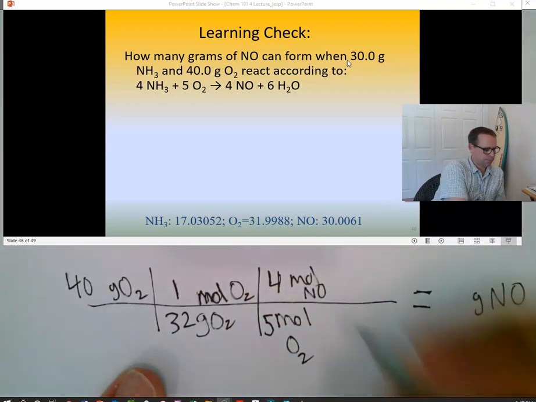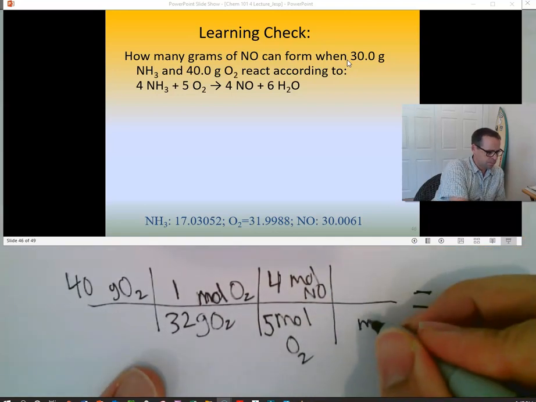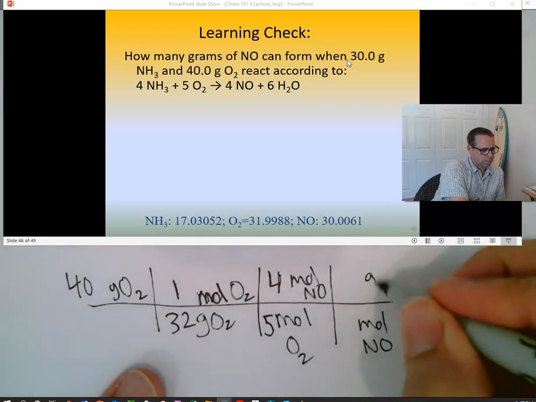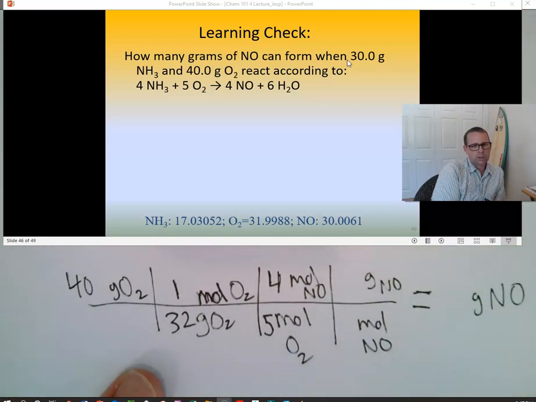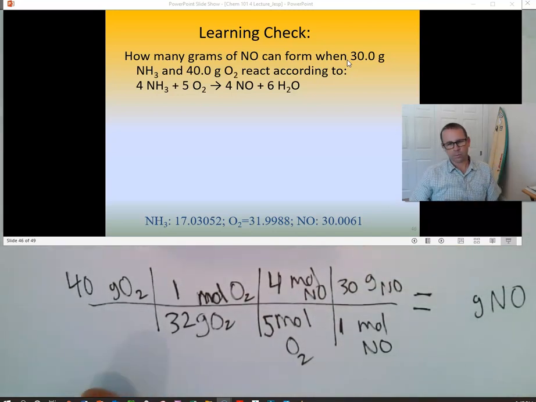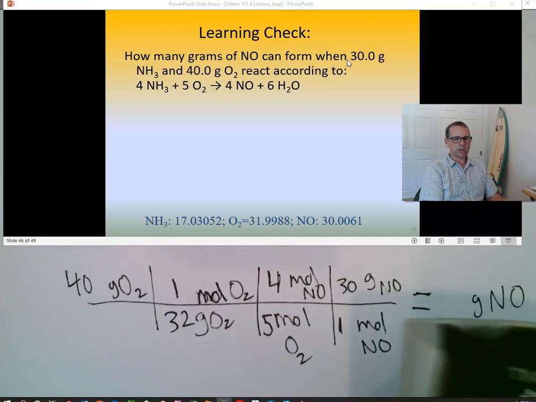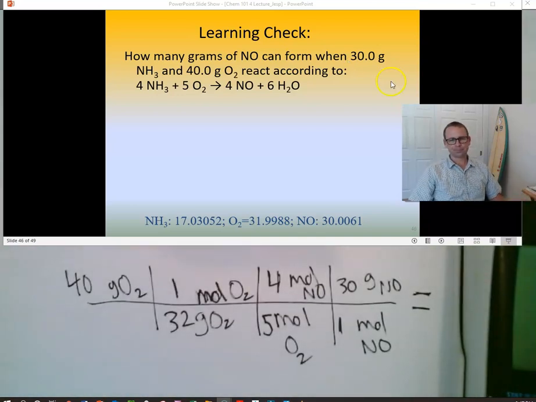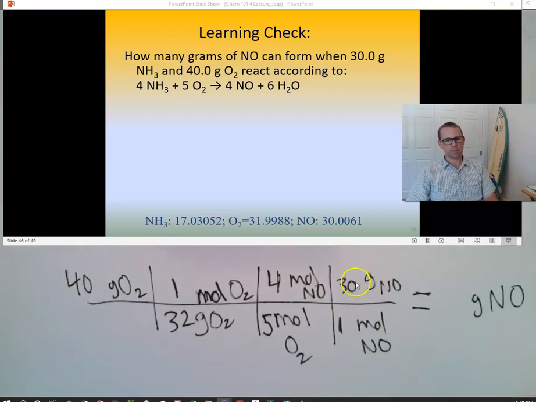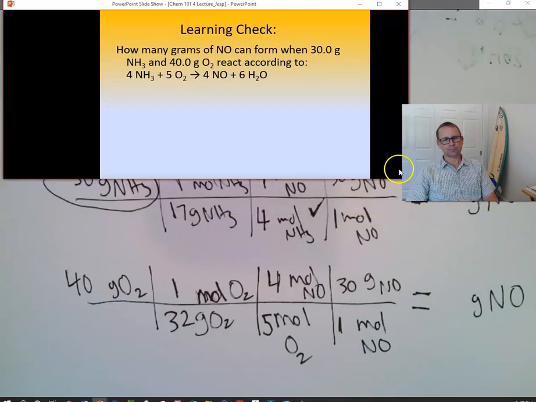Okay, and now we have moles and then grams of NO. So now our calculator time, right? That 30 grams of NO we're getting from the bottom, right? That's right. Sorry, I should have let you do that one. That's grams per mole.